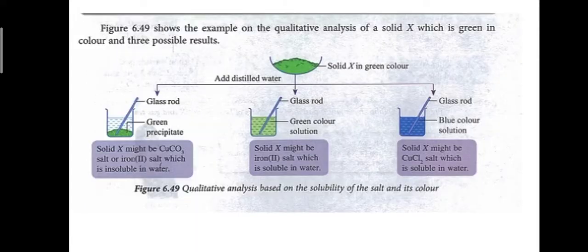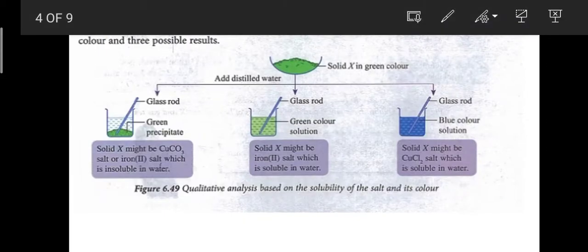This figure shows the examples of qualitative analysis of a solid X, which is green in color, and 3 possible results. So if we have solid X, this is our salt, green in color.